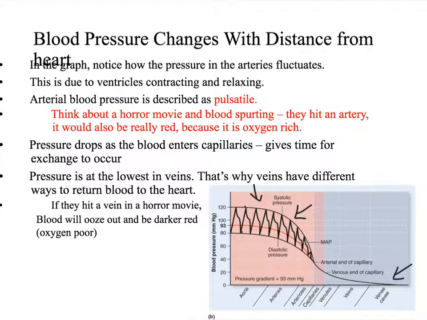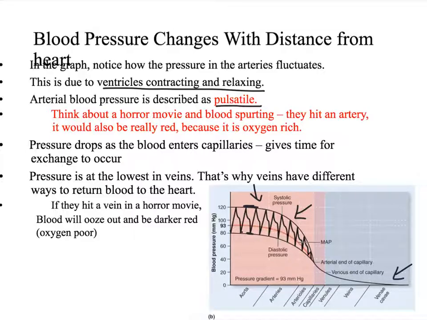So there's variation. This is due to the ventricles contracting and relaxing. So systolic is up here, diastolic is down here. Arterial blood pressure is described as pulsatile, so it's pulsing, your heart is beating and relaxing, so it's pulsing.